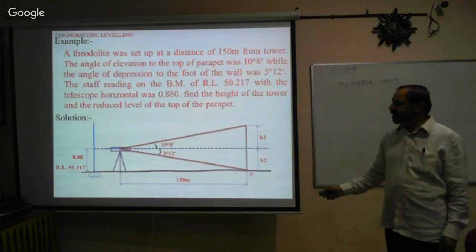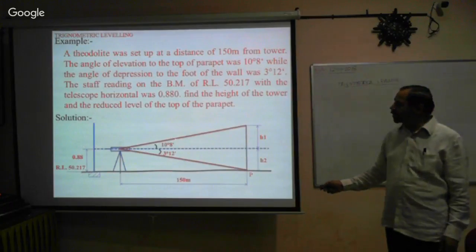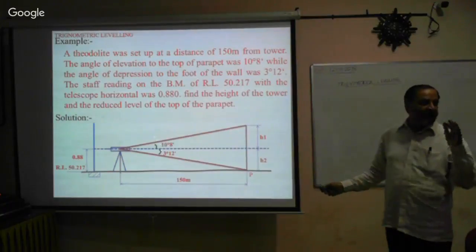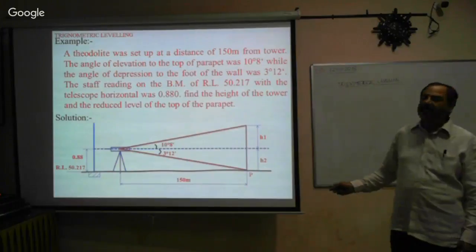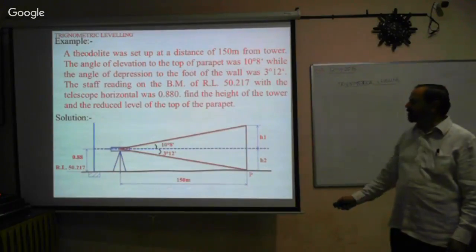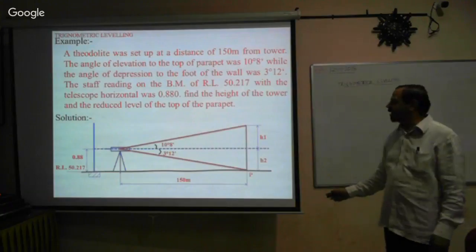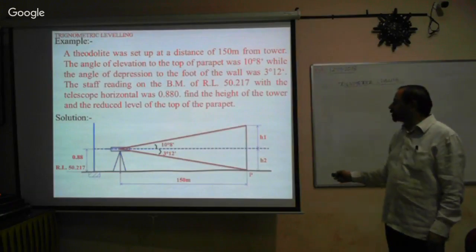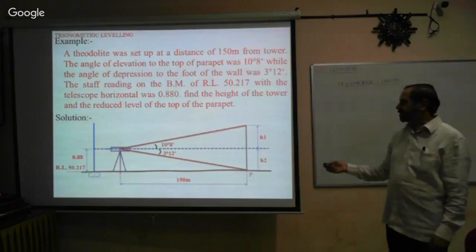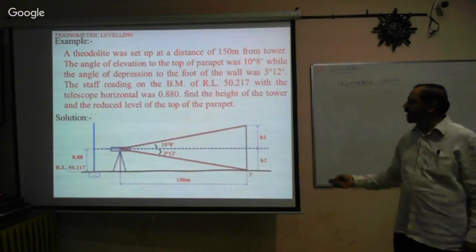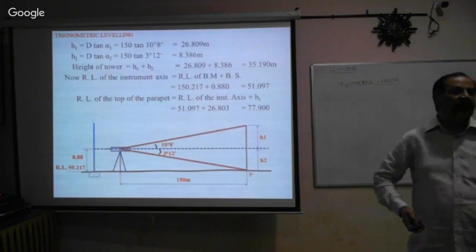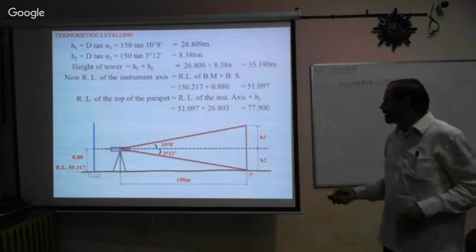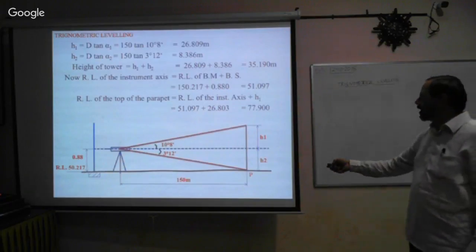The instrument is installed, benchmark is given, and the staff reading is given. The vertical angle, that is the angle of elevation, is given, and the angle of depression is given. Then calculate H1 and calculate H2. D is given, the distance between the instrument station and the object is given, isn't it? Therefore H1 plus H2 is the height of the object. Sometimes it will be asked in the examination also, and sometimes you may need to calculate from the field also. When you go to the field, you may need to calculate this. That is the solution of the same problem.